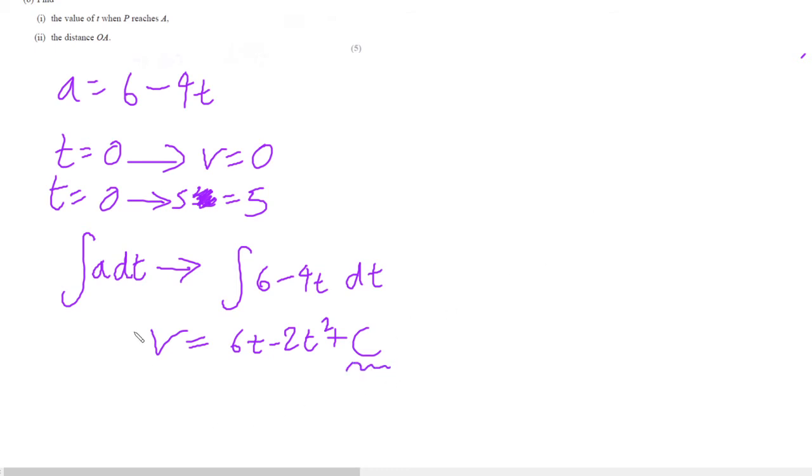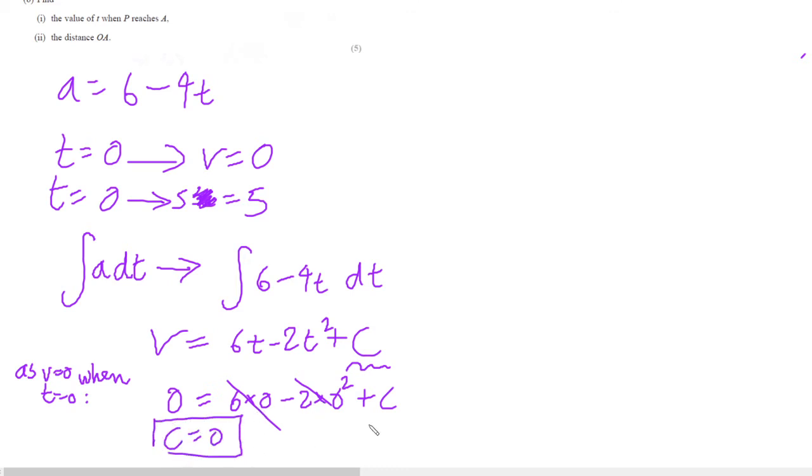So using the information that v is 0 when t is 0, you write 0 is equal to 6 times 0 minus 2 times 0 squared plus c, and all of these terms cancel out because they're multiplied by 0, and you get c is equal to 0.